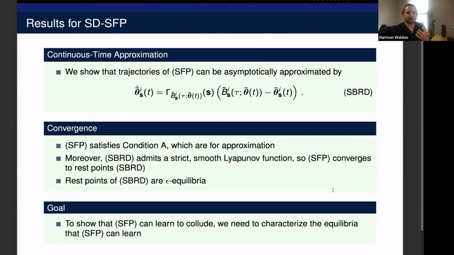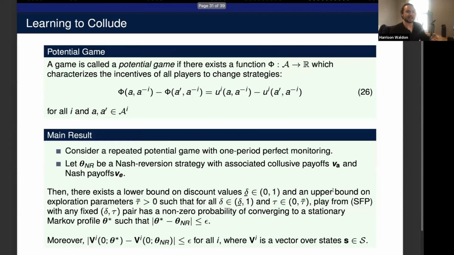So the main result is that we can approximate this algorithm by a continuous time system using the algorithmic learning equations, and we can analyze that system of equations. We can prove existence of a Lyapunov function and show that rest points of that system of ordinary differential equations will actually contain collusive strategies.